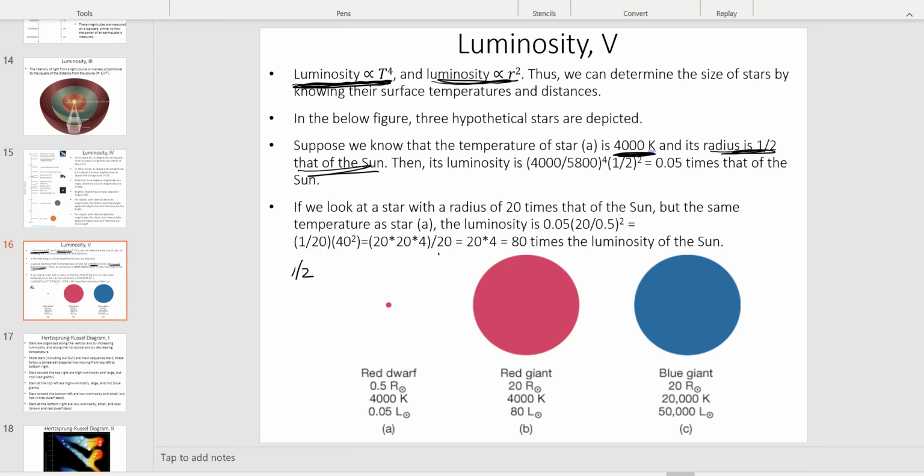Its radius is 1/2, and we're going to square it because the luminosity is proportional to r squared. Then we're going to multiply it by the temperature to the fourth. We want to take the temperature of this star here and divide it by that of the sun. We want to take the ratio of the temperatures.